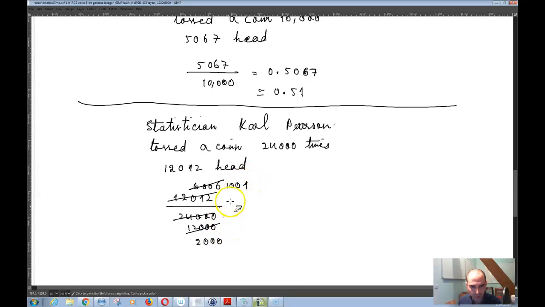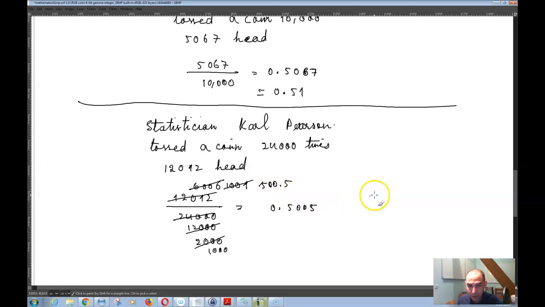Divided by 2, you will get 500.5 divided by 1,000, and that would be basically 0.5005. Very, very close to 0.5.